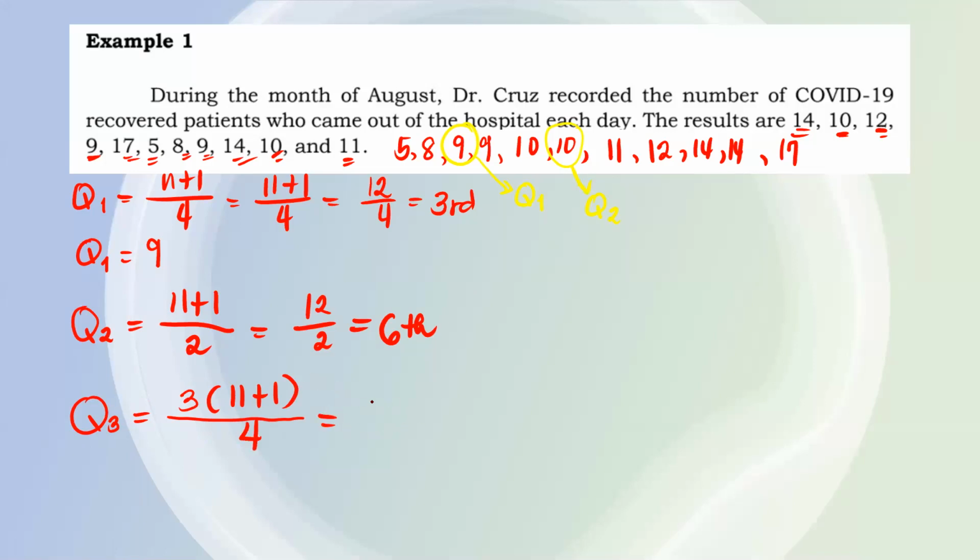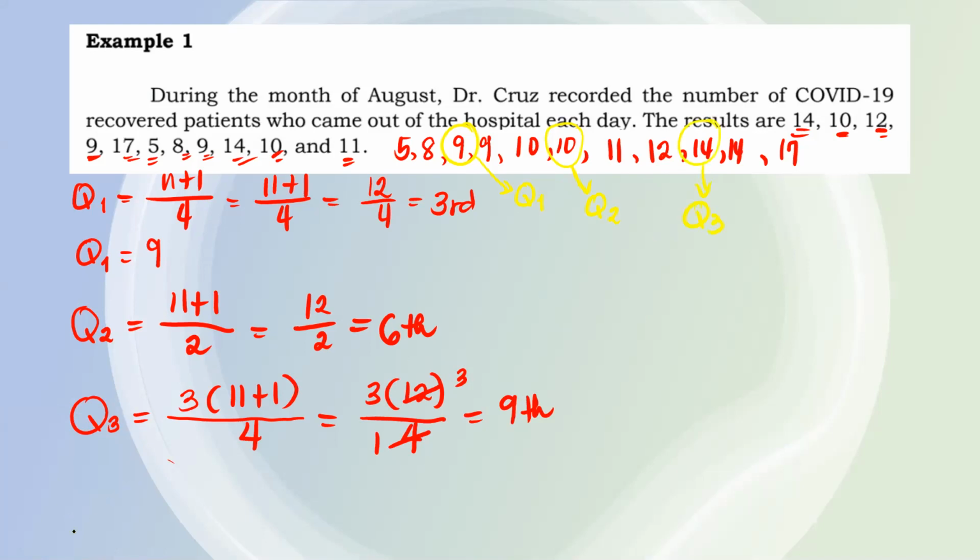Okay, so 3 times 12 divided by 4. Pwede tayo dito mag-cancel out, ano? 3 times 3 is 9. So, pang 9th term. Ito, pang 6, 7, 8, 9. Ito siya.